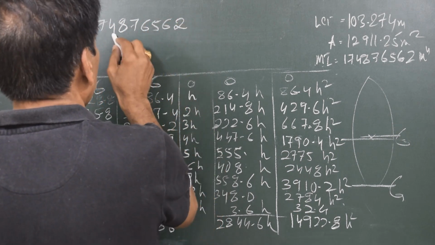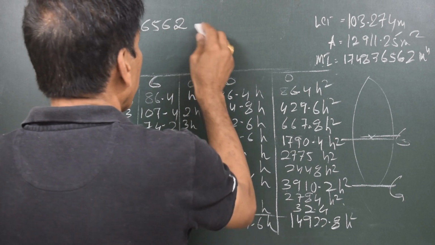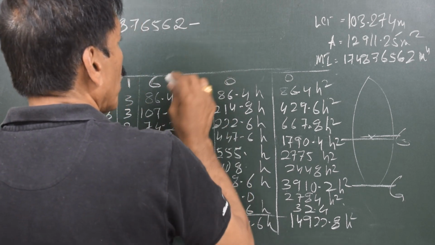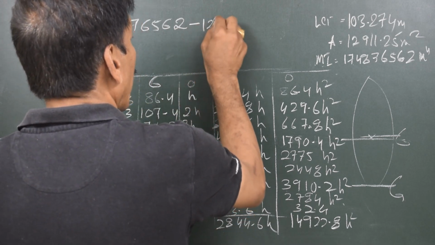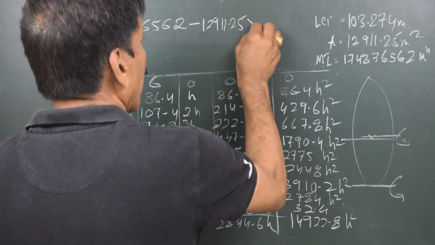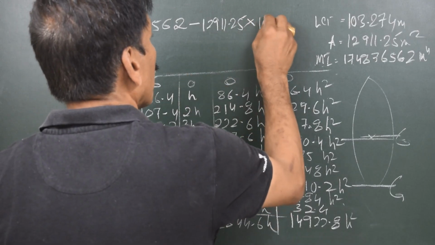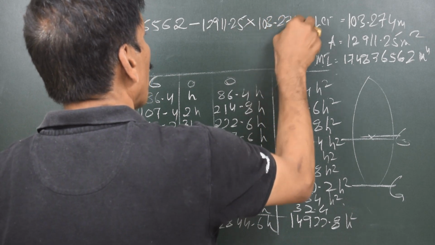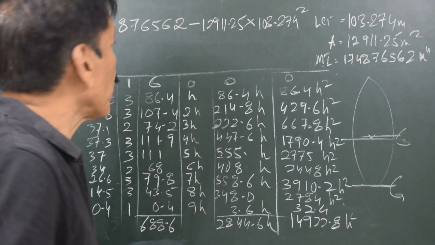So that would be 174,876,562. Once again 3, 6, 9, minus AD square. The total area is 12911.25 and the LCF is 103.274, square of that.